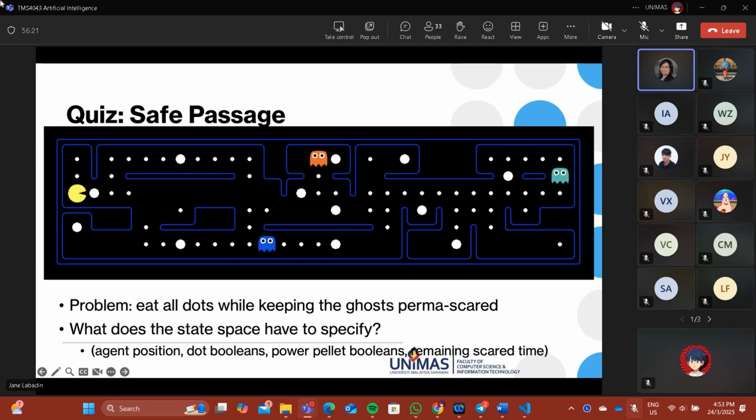The big one is where the ghost will run away from you, but the small one, it's still nearing you. So you will need to consider how many are there and how much time is left. These are some of the things you would need to include in your state space.